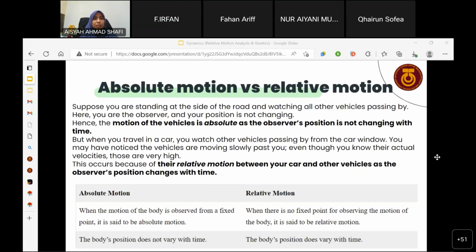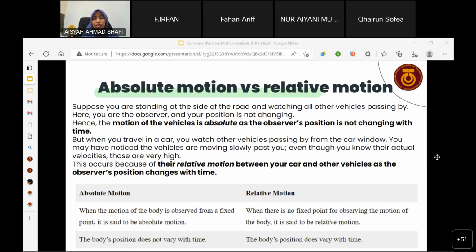This means another explanation. Suppose you are standing at the side of the road and watching all other vehicles passing by. Here, you are the observer and your position is not changing. Hence, the motion of the vehicle is absolute, as the observer position is not changing with time. But when you travel in a car, you watch other vehicles passing by from the car window.